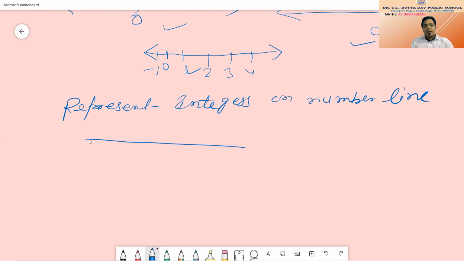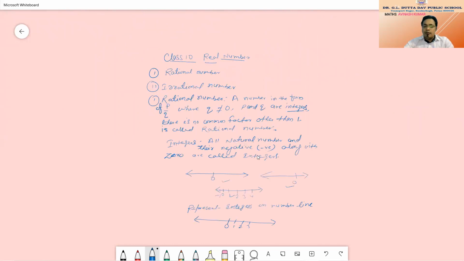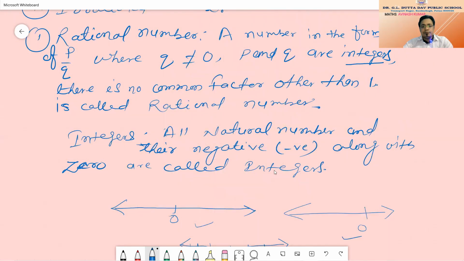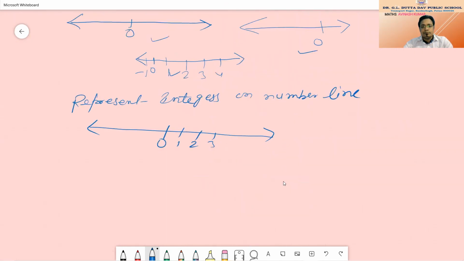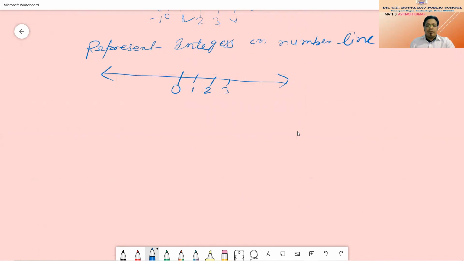This is the way we draw a line. Anywhere we can write 0. This is 1, 2, 3. And the left side of the 0 has negative numbers, so we write -1, -2, -3. Students, these are integers. Fine.